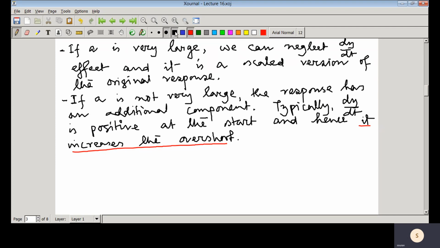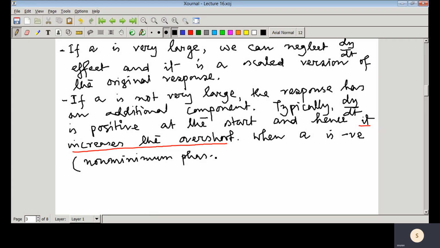So when A is negative, the 0 is placed on the right half of the S plane, and this particular system is called a non-minimum phase system. We'll discuss it in detail later.